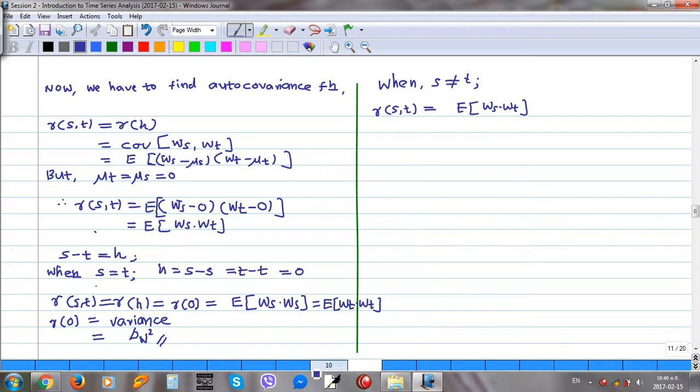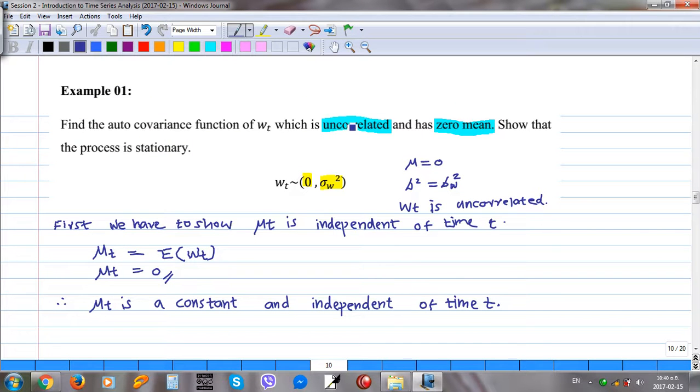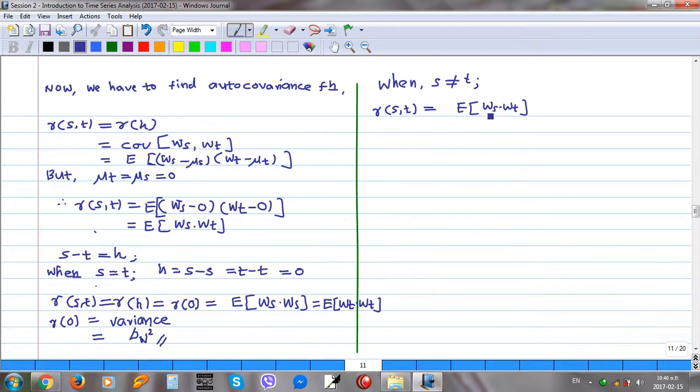But here there is a statement, the word given is uncorrelated. Uncorrelated means if these two are different, s and t, this part equals 0, right? Since they are uncorrelated, if there is a term like this with s and t, or x and y, two different letters, that part is 0. So this thing you have to remember.